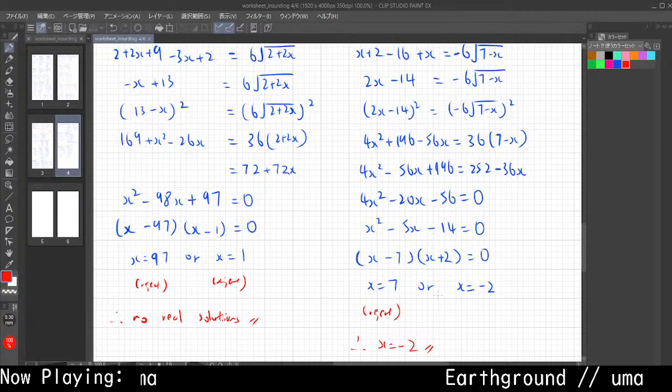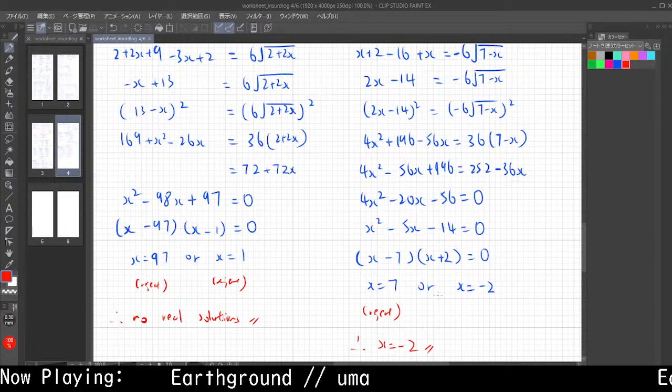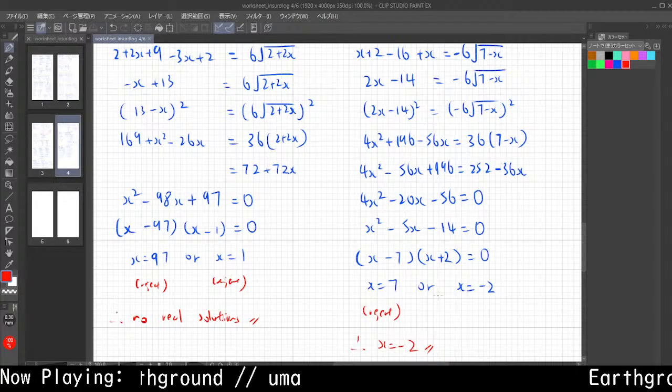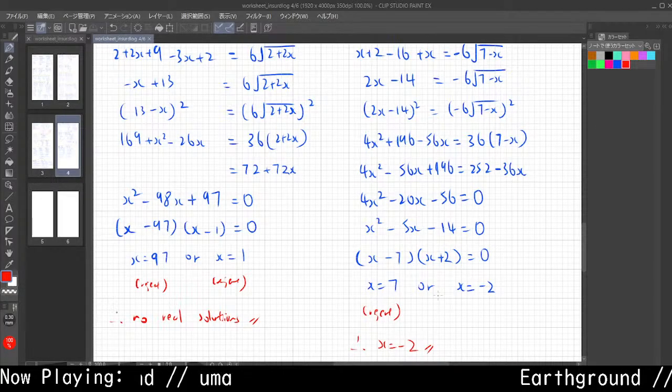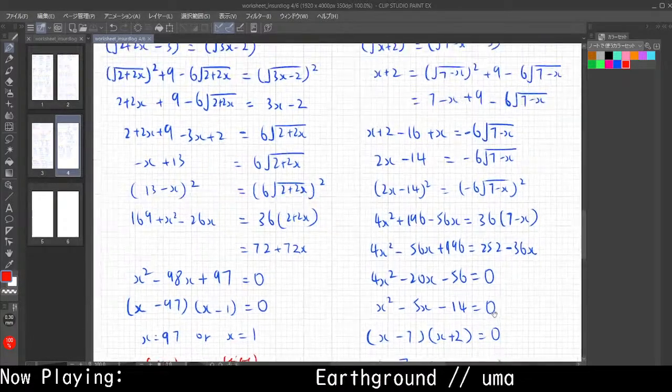If you have 2 square roots, then put 2 on both sides. If you have 3 square roots, prepare for tedious workings because you have to square twice.